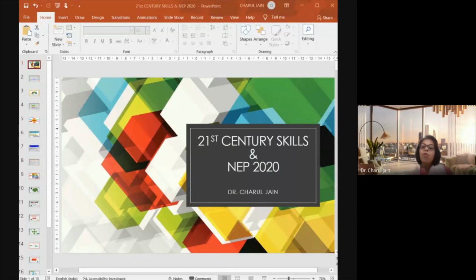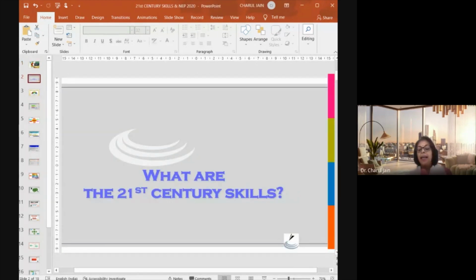But now let us also have a look at whether there are any specific research-based indications that there is a shift that is taking place in the world. Are the 21st century skills different from the skills of the previous century? So I move on to the next slide, and you have already answered this question.